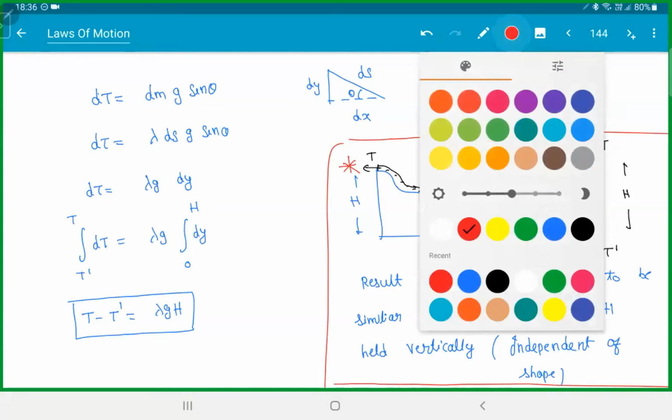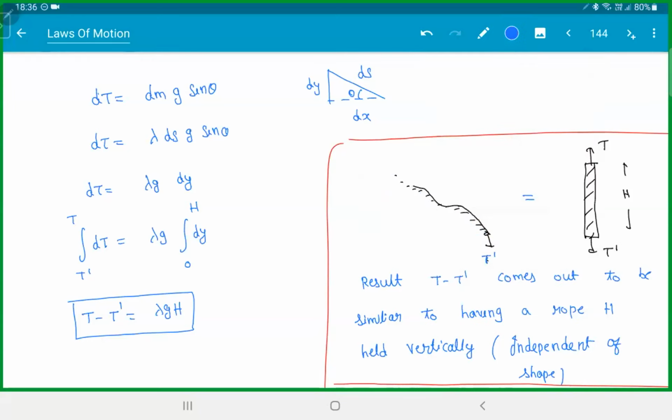Wait, I'll do one thing. I'll make this diagram even more bad. It's a uniform rope. I'm not able to draw properly.